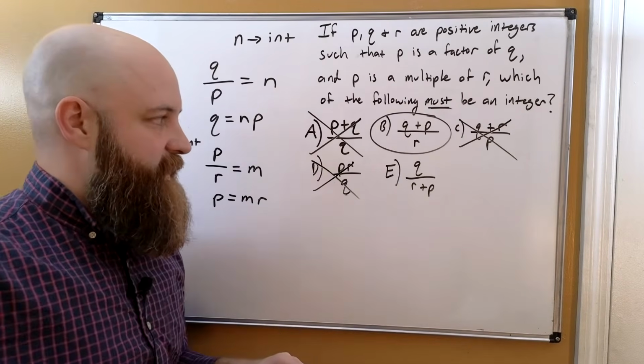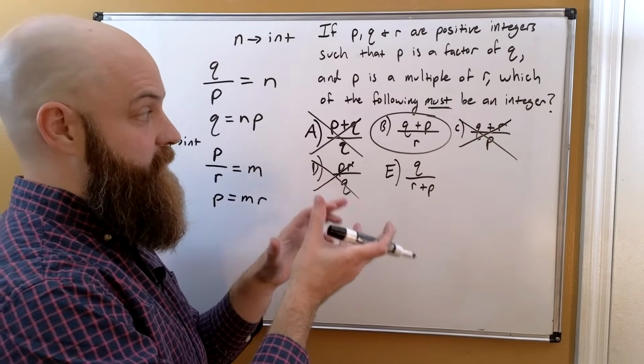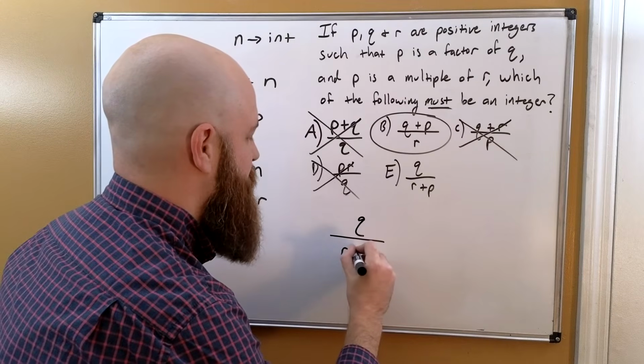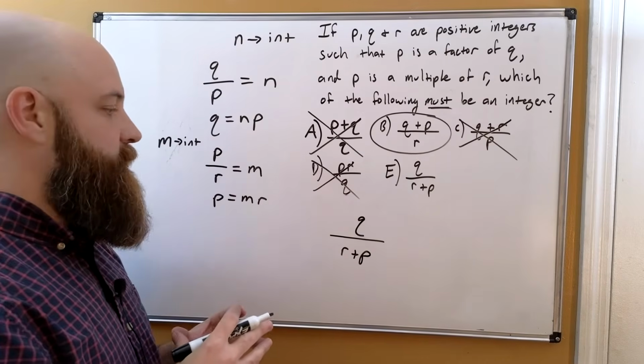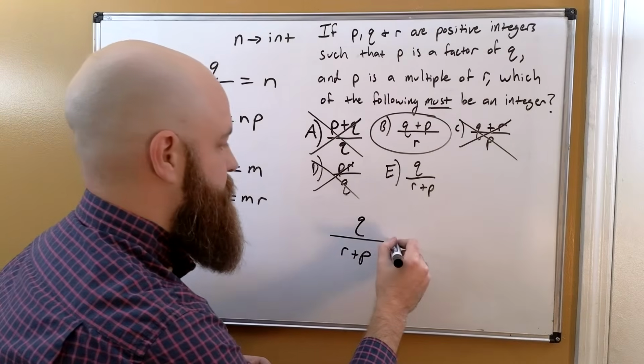Okay, what about E? Well, it sort of flips the pattern from previous ones. Instead of having a sum in the top, I've got a sum in the bottom. So does R plus P go into Q? Okay, so I can't split this up. Really, all I can do is substitute. So let's start substituting.